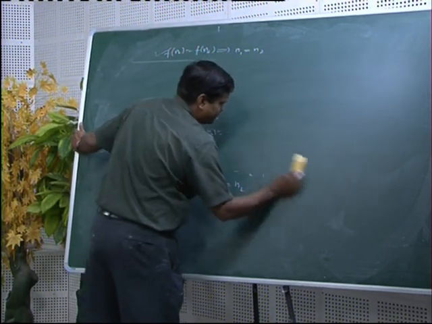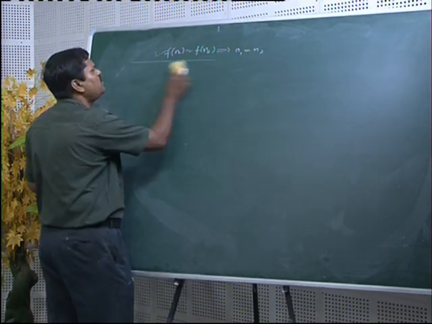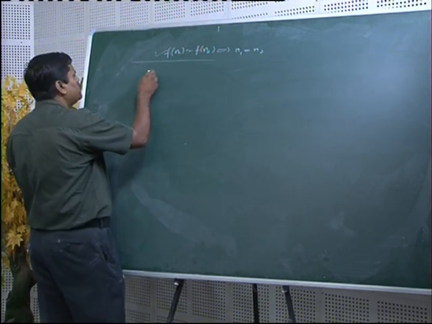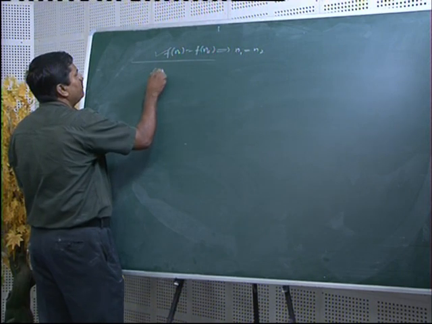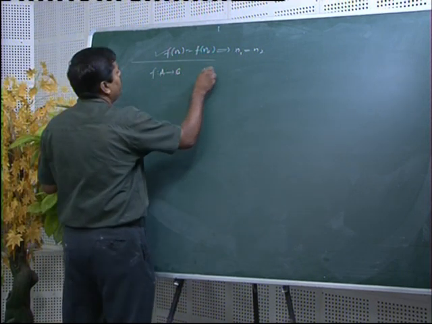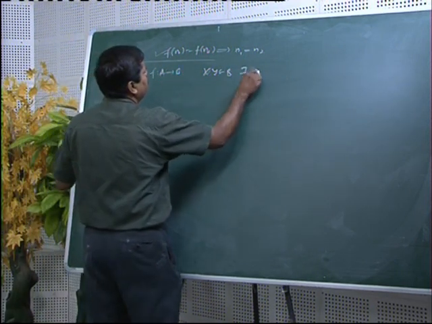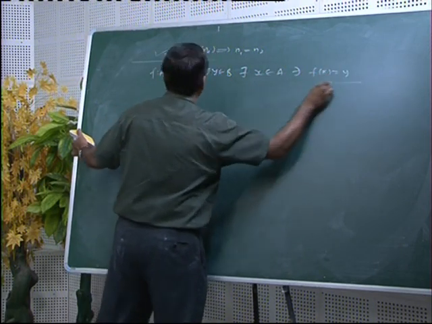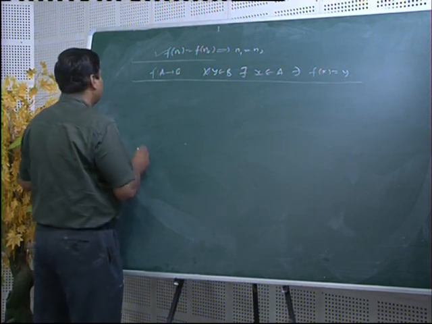Now, the second part, to prove f is onto, we know the definition of onto function, a function f from A to B is onto if for every y belongs to B there exists some x in A such that f(x) is equal to y. So, this is our aim. What is our function?